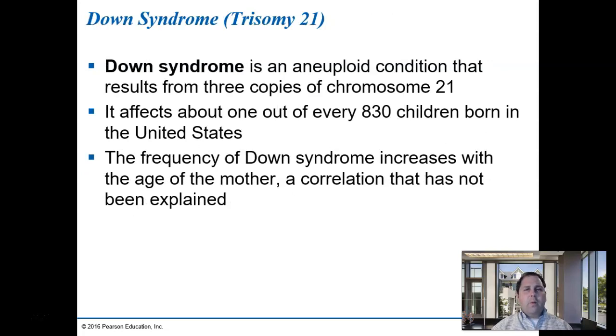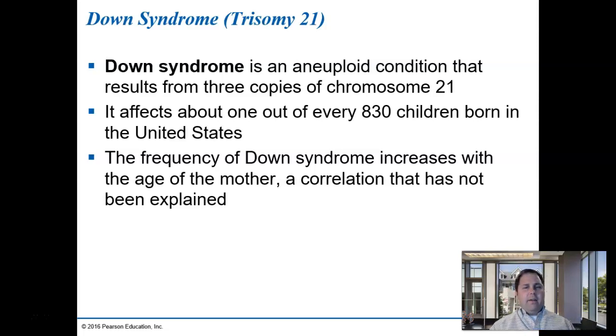One of the most common ones that you've probably heard of is Down syndrome. That's aneuploidy caused by 3 copies of chromosome 21. It affects about 1 out of every 830 children born in the U.S. And that frequency of Down syndrome increases with the age of the mother. That correlation has not been explained specifically, but you can imagine that meiosis becomes more challenging the older a mother gets.